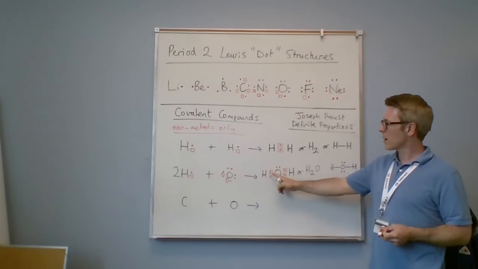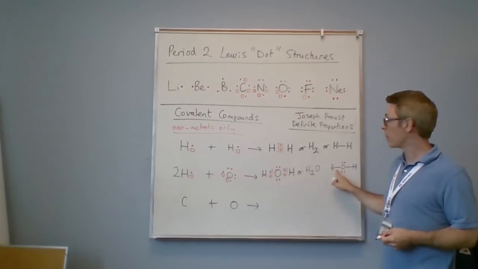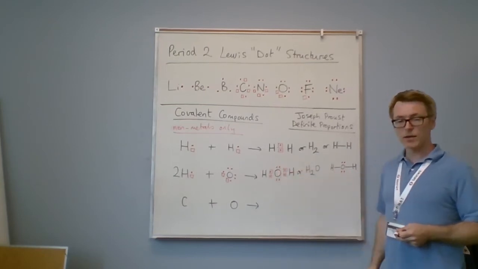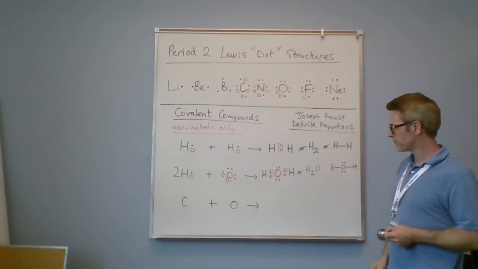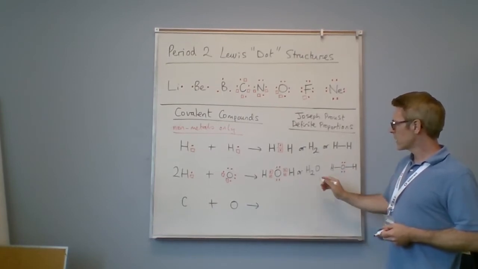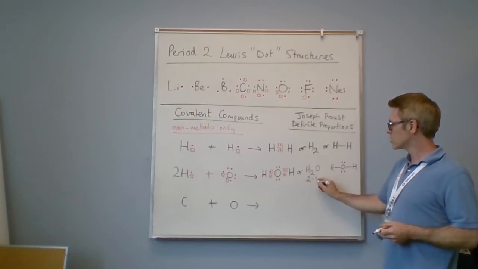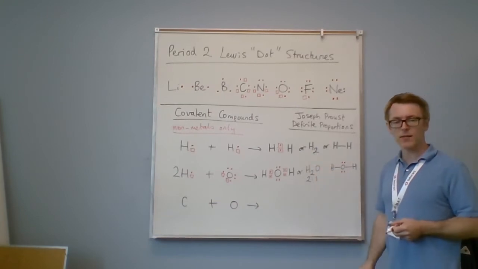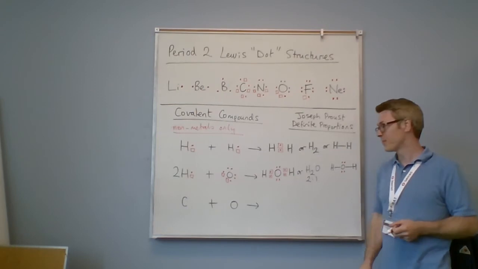The dots that are between atoms are called bonding pair electrons, and they form a bond, a covalent bond. The electrons that don't have an element associated with them are lone pair electrons, and we write those as dots. So here we can clearly see we have a 2-to-1 Joseph Proust's definite proportion. And again, it's appropriate to look at definite proportions here because I have more than one type of atom.